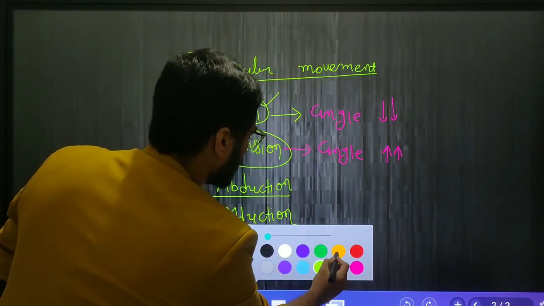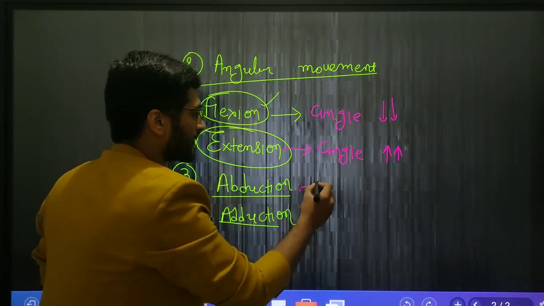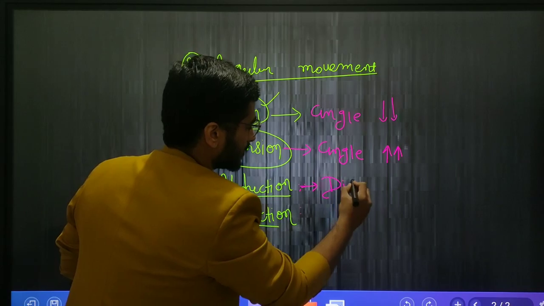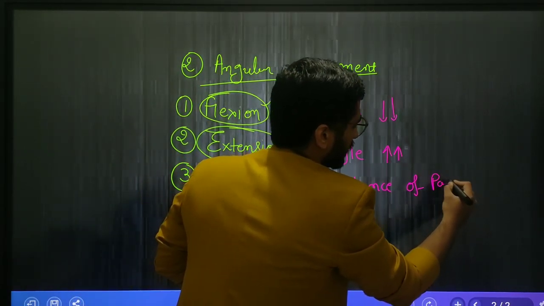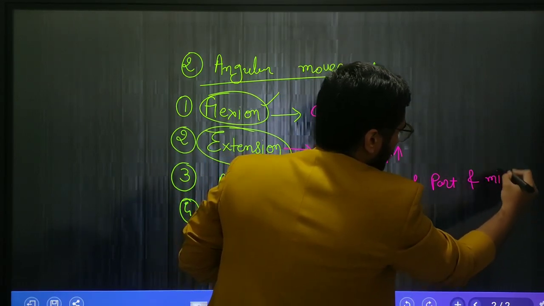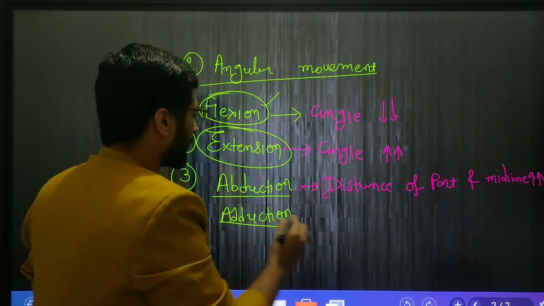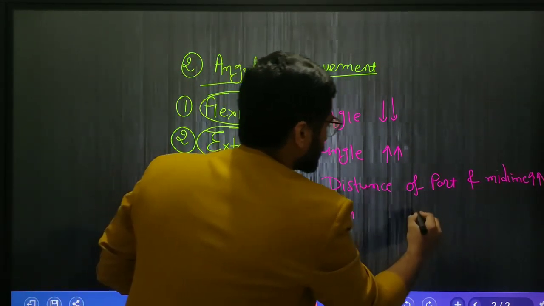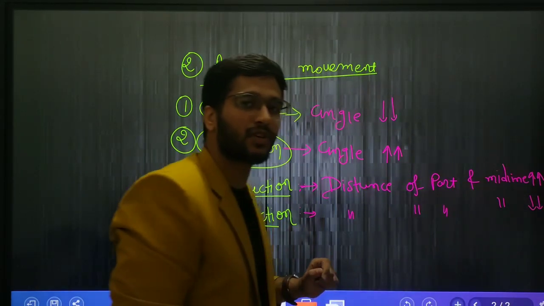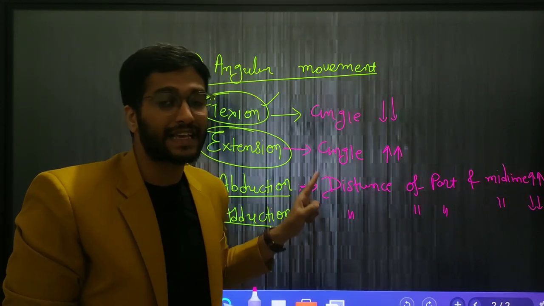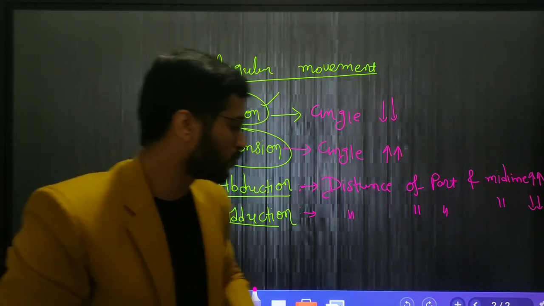So abduction is the movement in which the distance between the part and the midline increases, and adduction is the movement in which that distance decreases. Abduction is a far movement and adduction is an inward, toward movement.